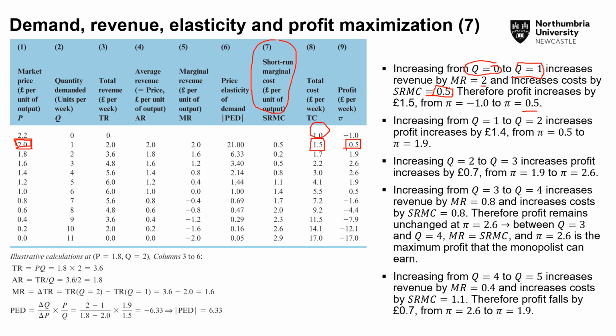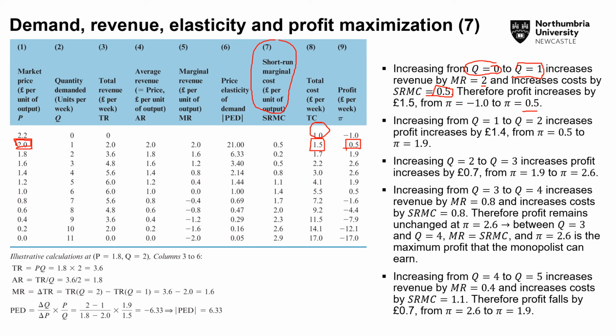Remember, the short-run marginal cost corresponds to the changes in total costs associated with increasing output, and that in turn is driven by changes in variable costs that arise as a result of the need to employ more flexible resources, or resources that can be changed in the short run.